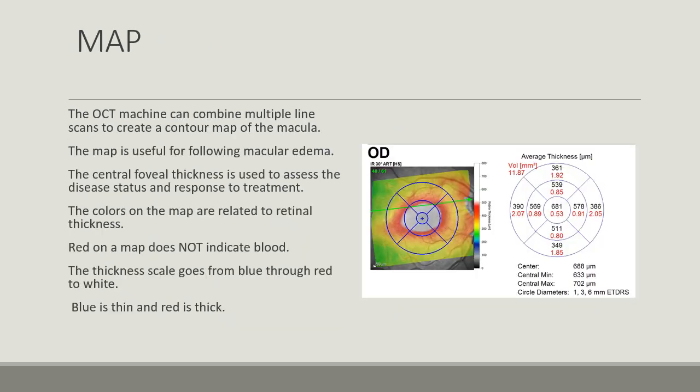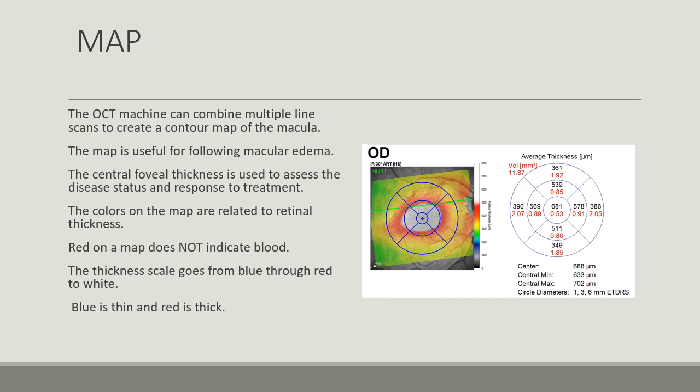Another type of image that we get on OCTs are the maps. The OCT machines combine multiple line scans and form these maps of the macula, and these maps indicate the contour of the macula. It is very important for macular edema, and it shows you the central foveal thickness and the macular thickness.